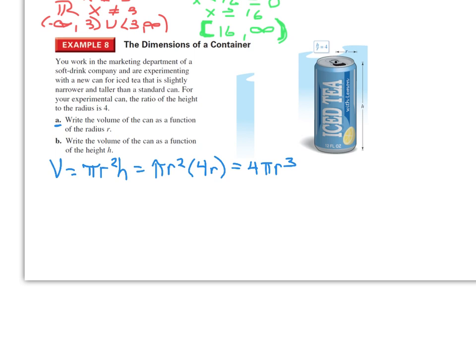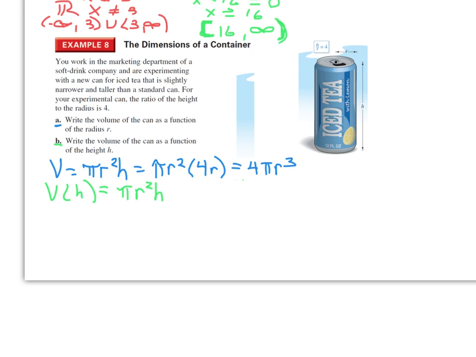Okay, the next one, write the volume of the can as a function of height h. So we've got volume is equal to pi r squared h, right? So if you remember, we said that the ratio of the height to the radius is 4. Sorry, I'm doing the wrong one.